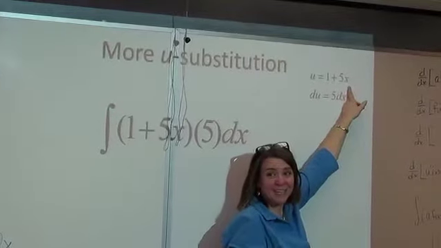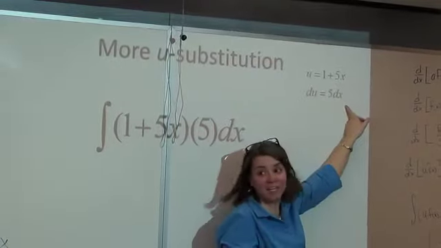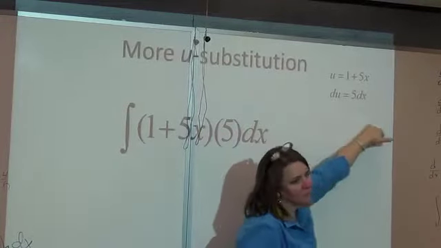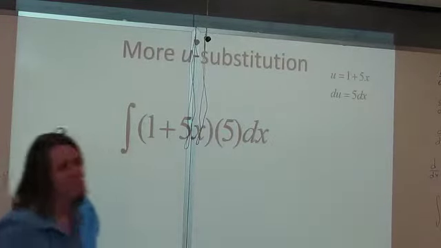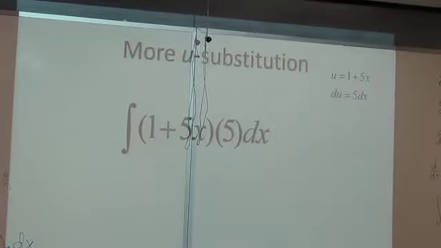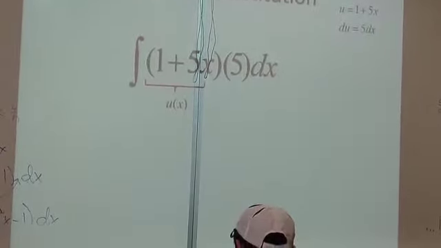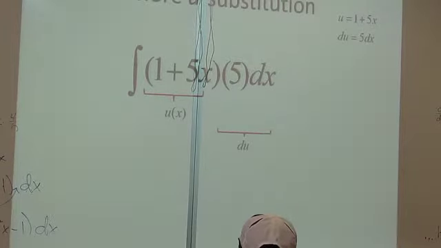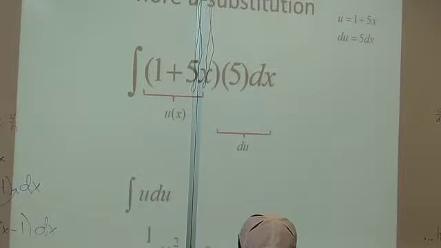Differentiate the right-hand side, I get a 5, but I need a differential dx. Where does the dx come from? From the Leibniz notation. So the linear function becomes u, the 5 dx becomes du, and you just rewrite it.